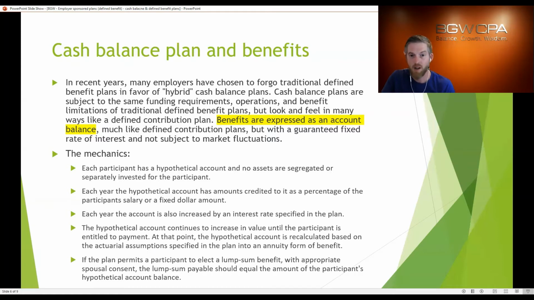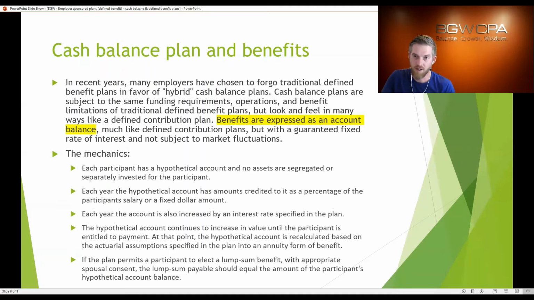At that point, the hypothetical account is recalculated based on the actuarial assumptions specified in the plan into an annuity form of benefit. If the plan permits a participant to elect a lump sum benefit with the appropriate spousal consent, the lump sum payable should equal the amount of the participant's hypothetical account balance.